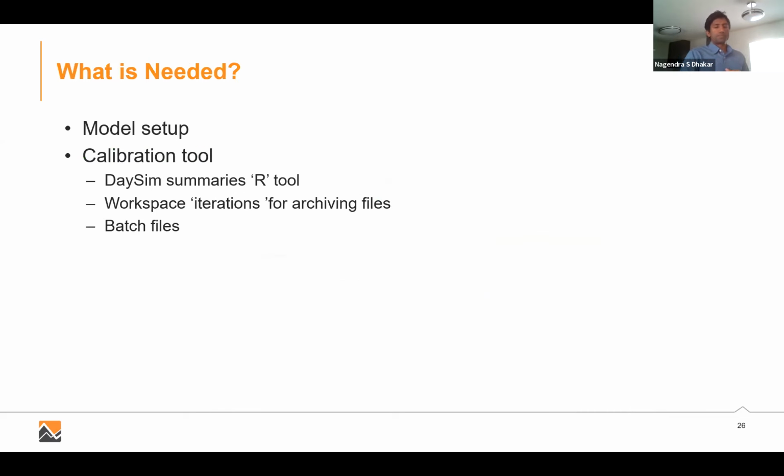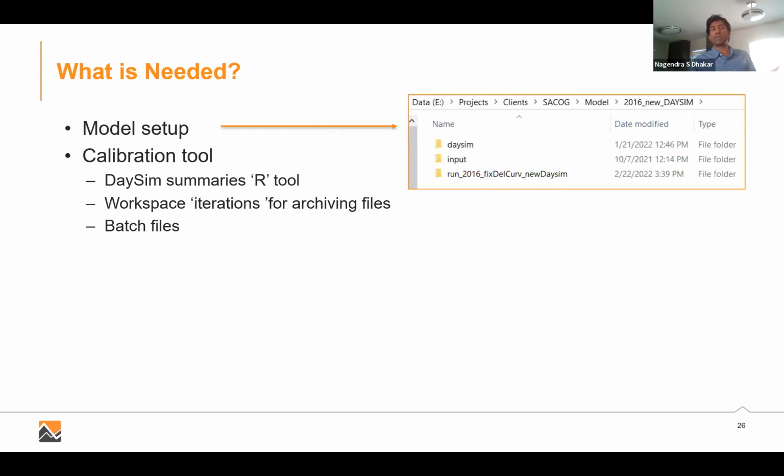So that is the calibration process that we use in-house, and there are a few things that you need to have that tool in place and start using it. One for sure is you need to have the model set up, where you have the DaySim set up and the different inputs that you use in your model.